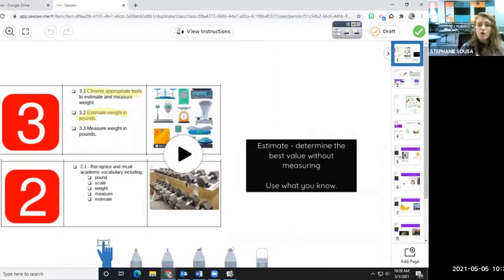Okay, so we're going to spend just a few days on weight so that you have an understanding of what weight is, and so that when you look, for example, at this full of water and this itty bitty thing full of hand sanitizer, you can tell me, I estimate that that water bottle weighs a lot more than that hand sanitizer.